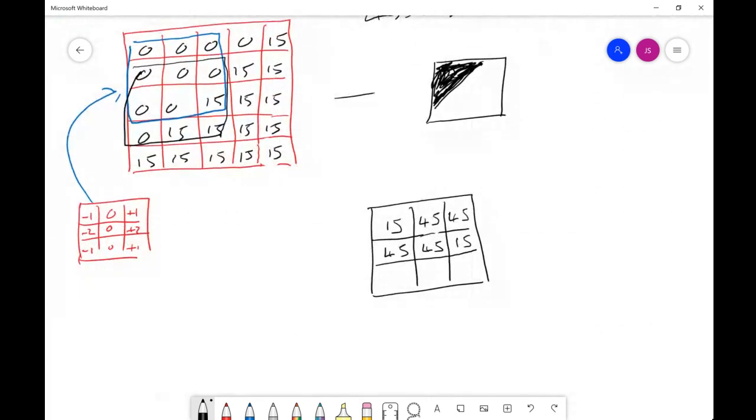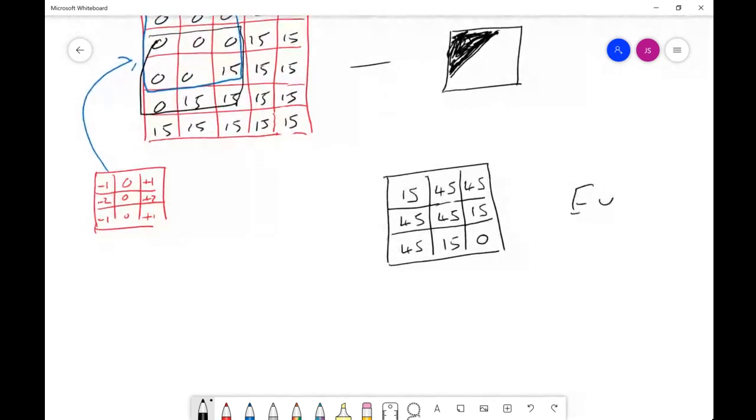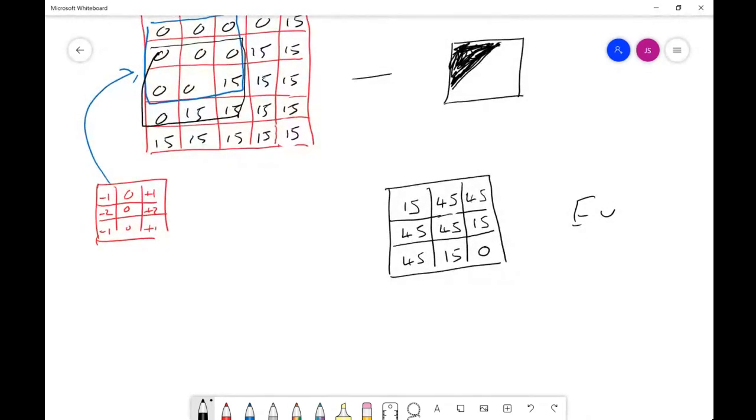And now the bottom row, 60 minus 15, 45. In the middle, it's going to be 60 minus 45 is going to be 15. And at the bottom, it's going to be 0. And that is EV. Now correlate it with EH.